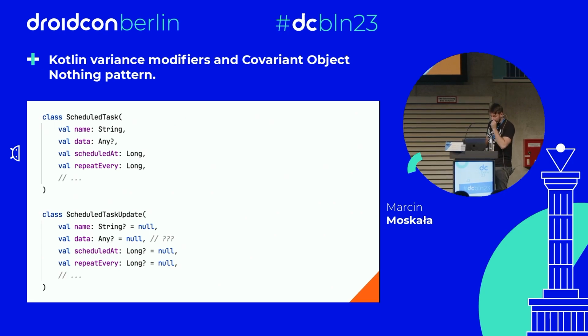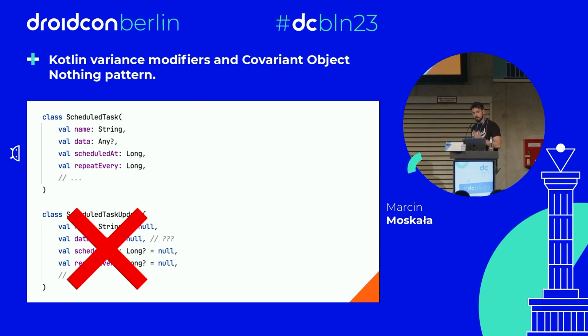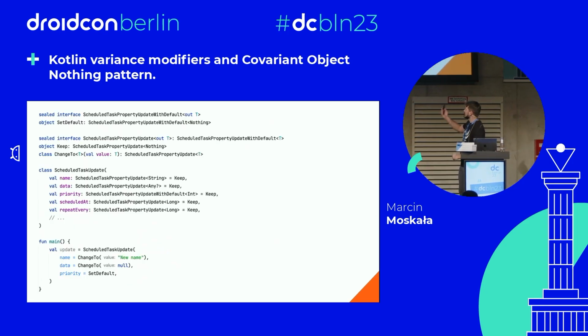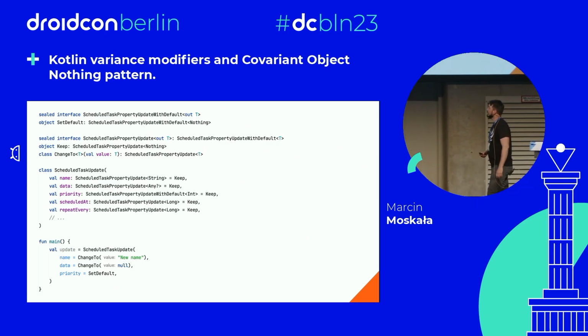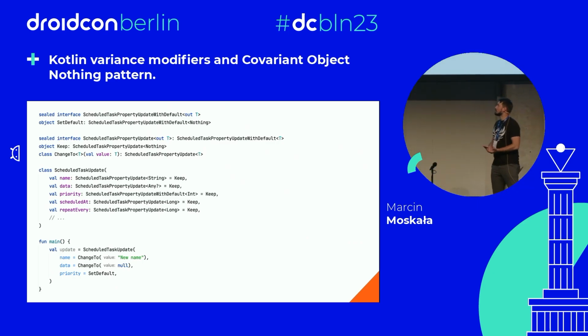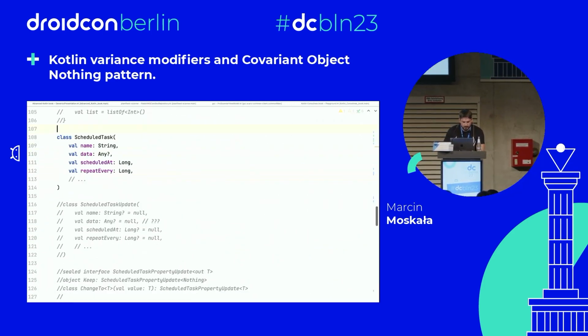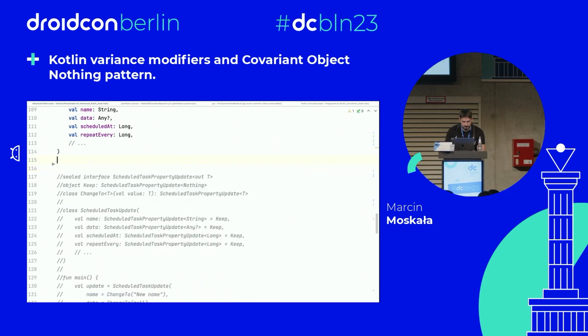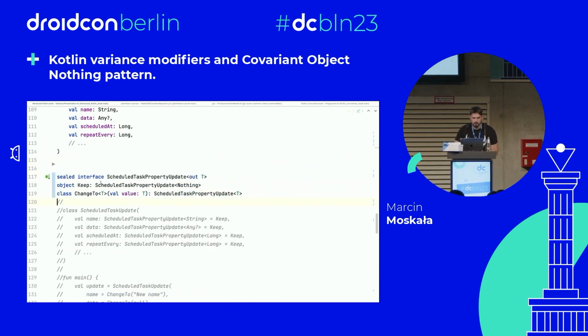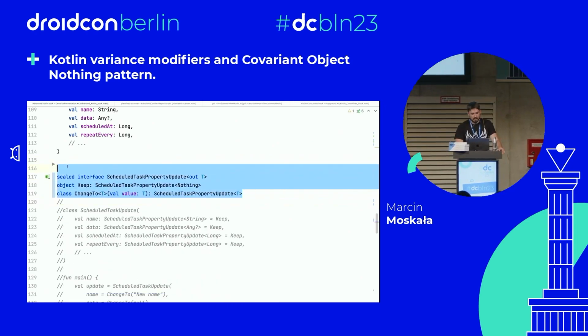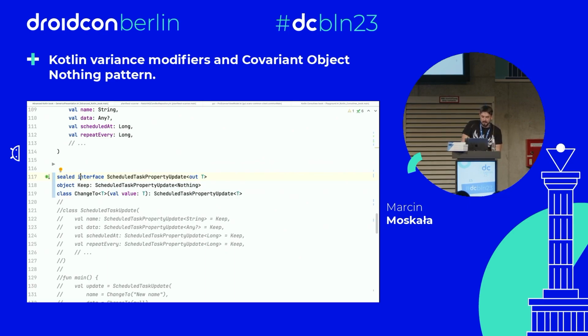And for that, the Covariant Nothing object is very useful. This is a lot of code, but it's not very complicated. With the Covariant Nothing object, maybe I will make it step by step, you can define a hierarchy of how a property should be updated.